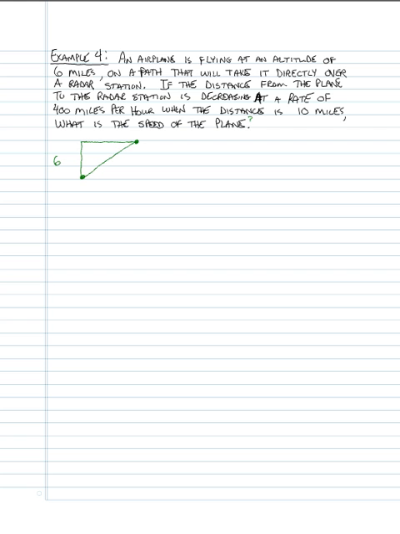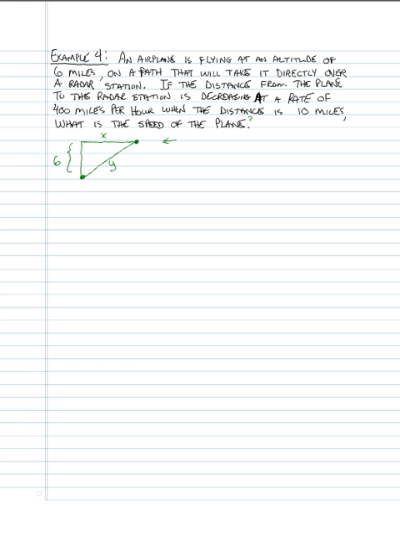Now, this side, of course, is not changing, but the plane is flying in this direction, isn't it? And so this distance is the distance from the plane to being directly over the radar station, and I'll call this distance y, the actual air distance between the radar station and the plane.